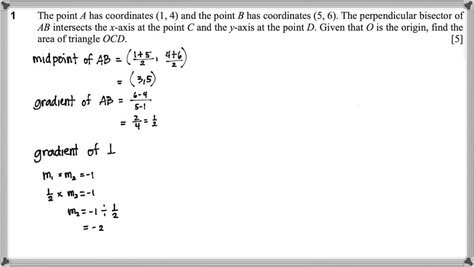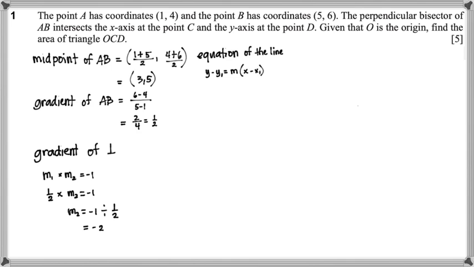So in this case, let's continue here. We can say that the equation of the line, applying the formula, is y minus y sub 1 equal to the gradient times x minus x sub 1.